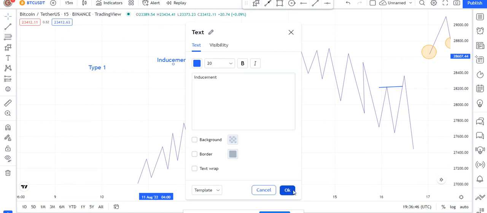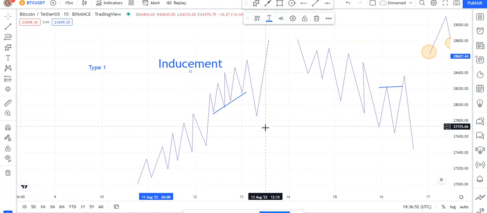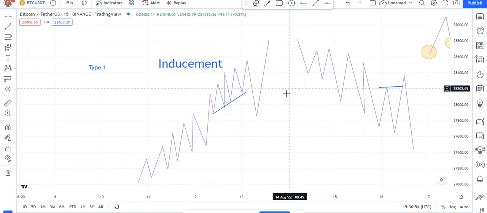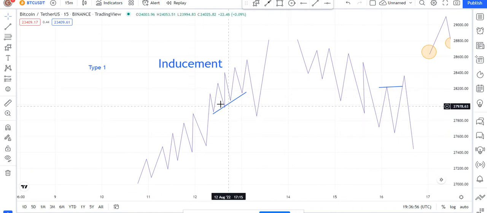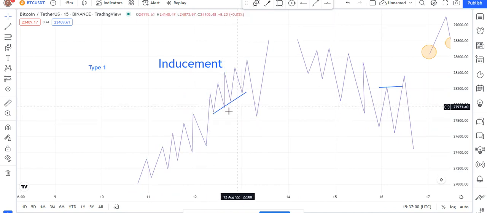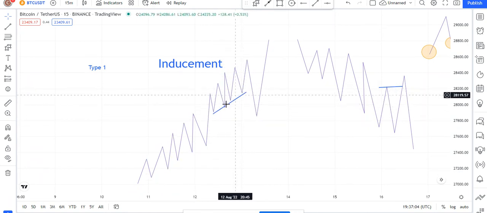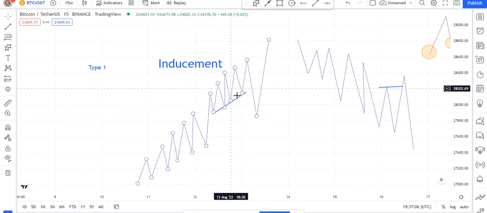Okay, so an inducement, let me make that very bold. So what happened in this case is an inducement, right? So all these guys were induced. We'll explain inducement later, all right? So we just trick them. Some people may have their stop losses here. So we're just washing out some people before continuing, all right?